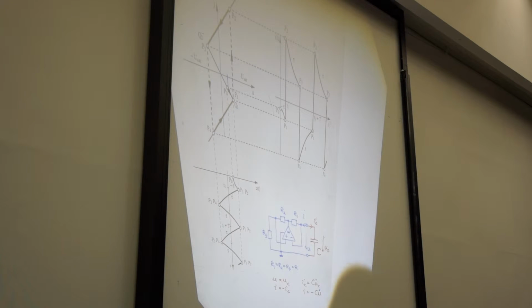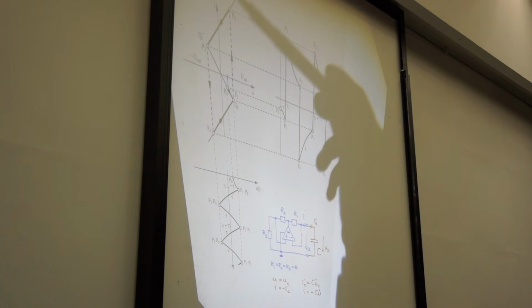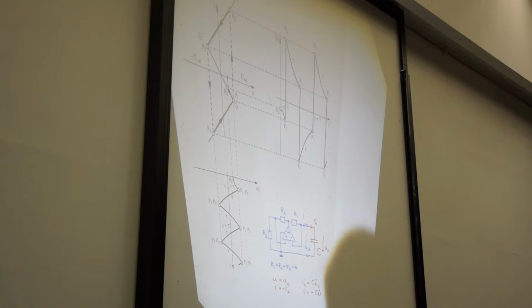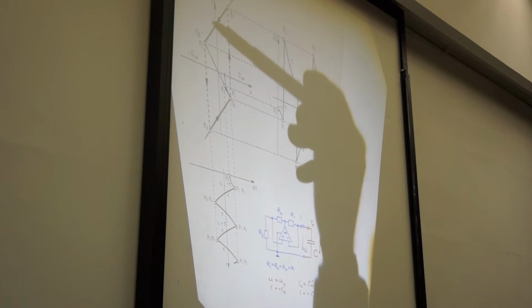So there is no solution there, and the only thing we can think of as a heuristic solution is to look whether there is somewhere on that VI characteristic a point to which we can go without violating the law that the voltage across a capacitor should be continuous, and where we avoid this impasse situation.